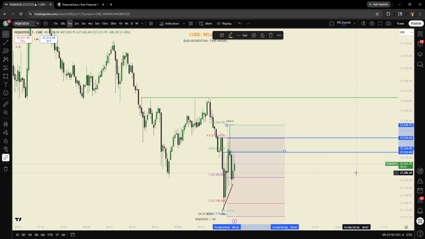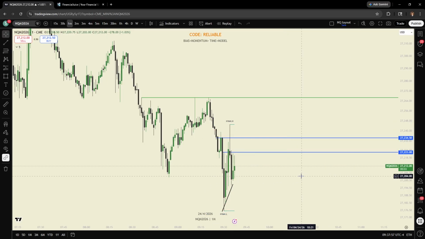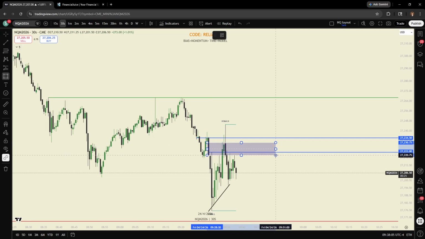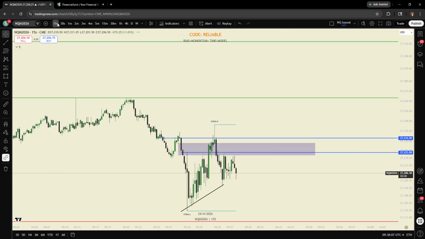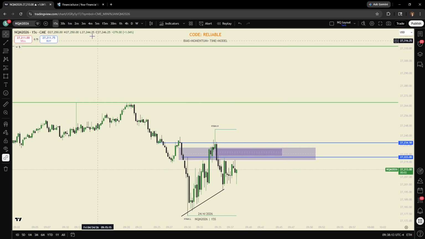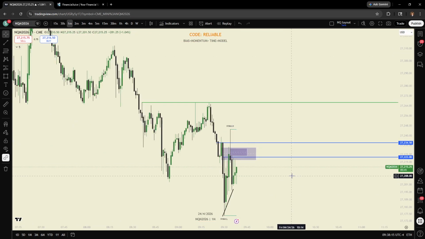If we close above 27,230, there's a little 30-second BPR that we left that we'd be closing above. So that's like the barrier. It would be closing over this 15 too. And we'd be getting the order block here on the 1 minute. Yeah, this could work.